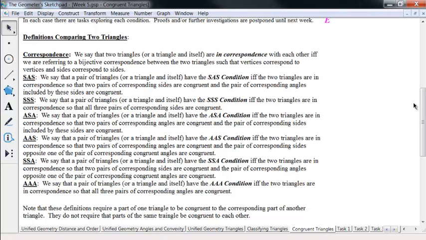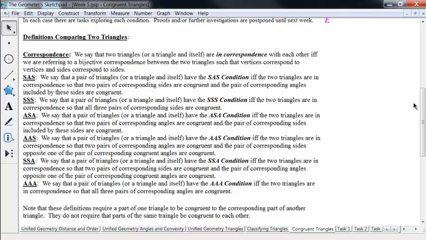And the side angle side condition says, we say a pair of triangles, or a triangle itself, have the side angle side condition, SAS condition, if and only if the two triangles are in correspondence so that the two pairs of corresponding sides are congruent and the pair of corresponding angles included by these sides are also congruent.